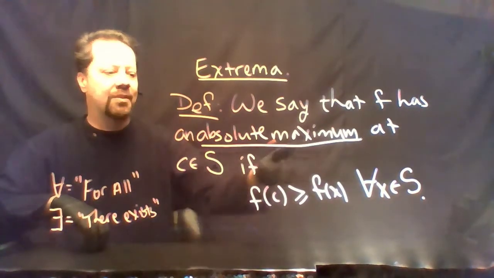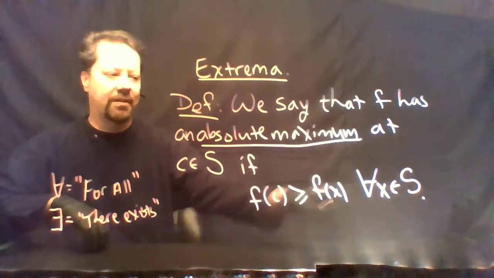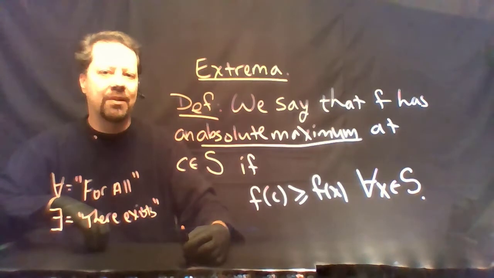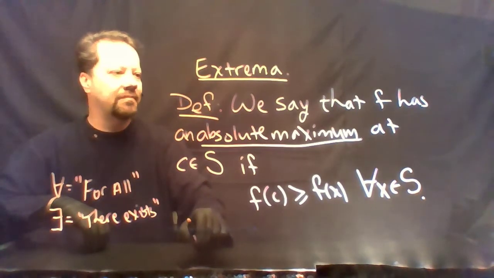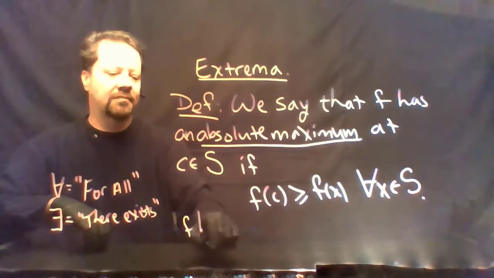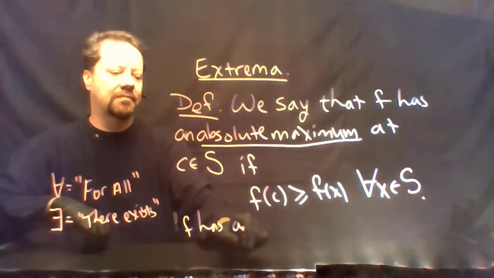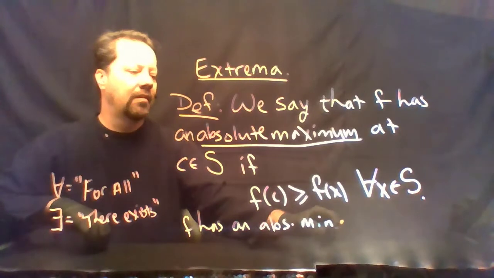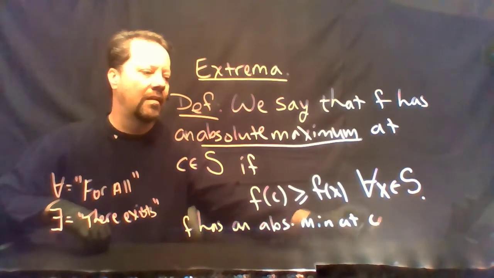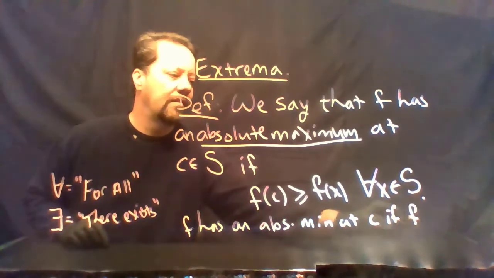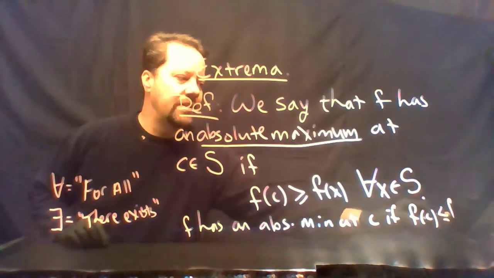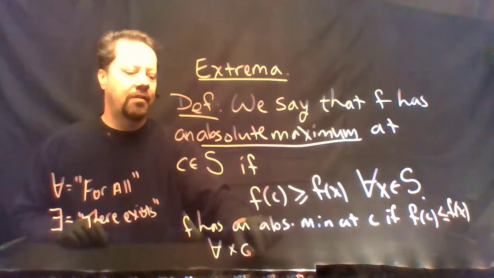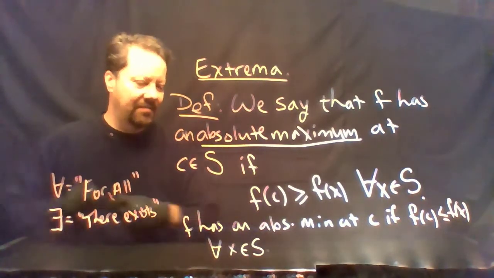If you have an absolute maximum being the highest point for the function within the set, what do we mean by absolute minimum? Clearly, the inequality just goes the other way, of course, for all x within the set S.